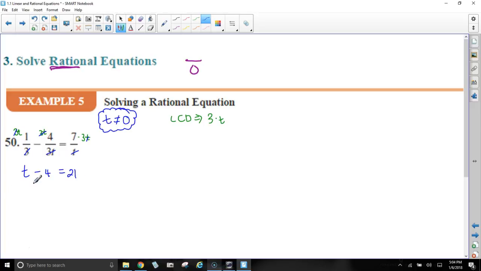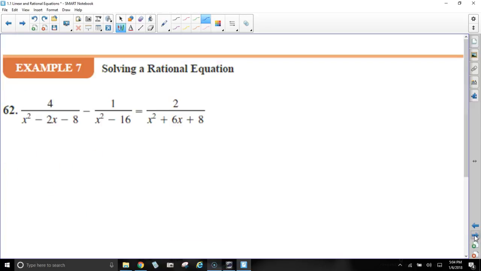Now to solve the resulting equation, when we add 4 to both sides, we get t is equal to 21 plus 4, which is 25. So this is an example of solving a simple rational equation. We got t is equal to 25. That's legit because it's not 0.